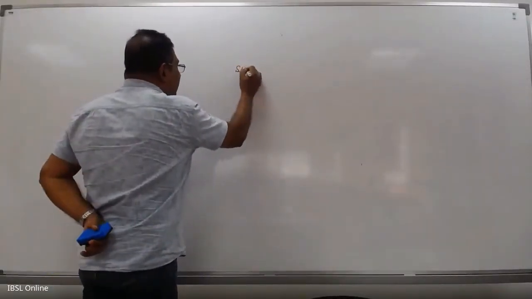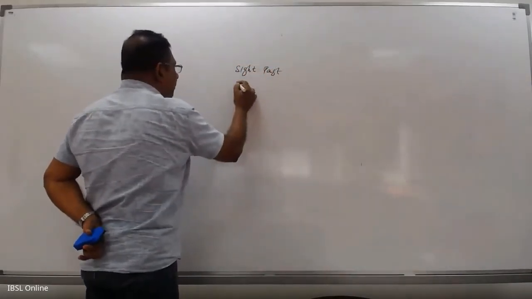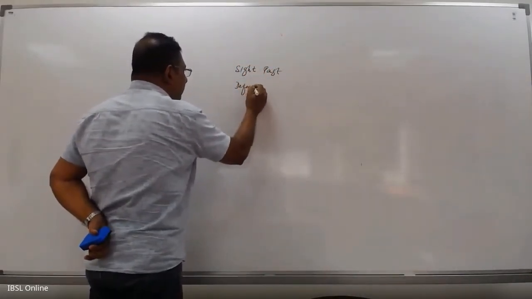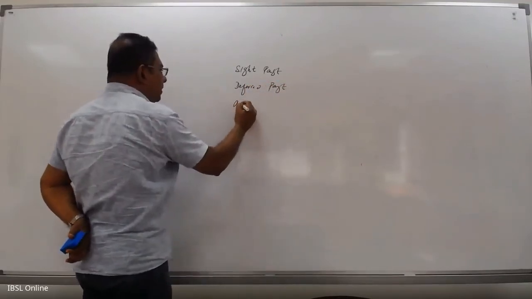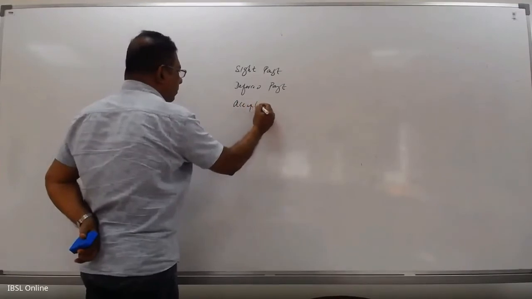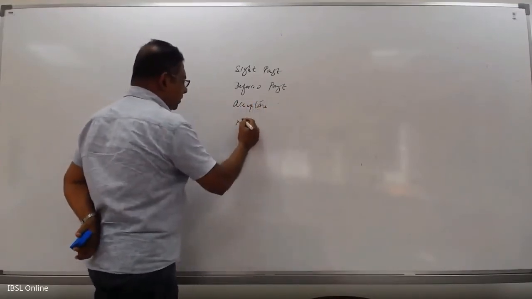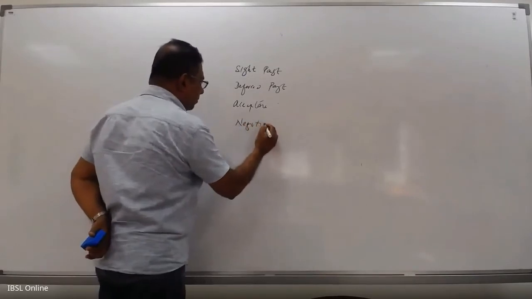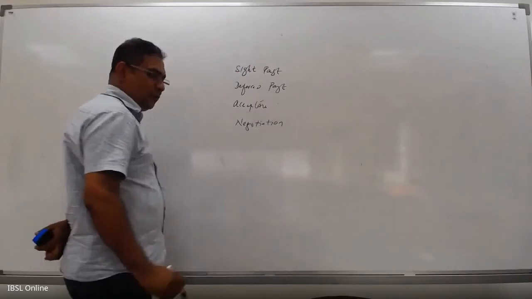Sight payment LCs, deferred payment, acceptance, negotiation. So there are 4 types of letters of credit.